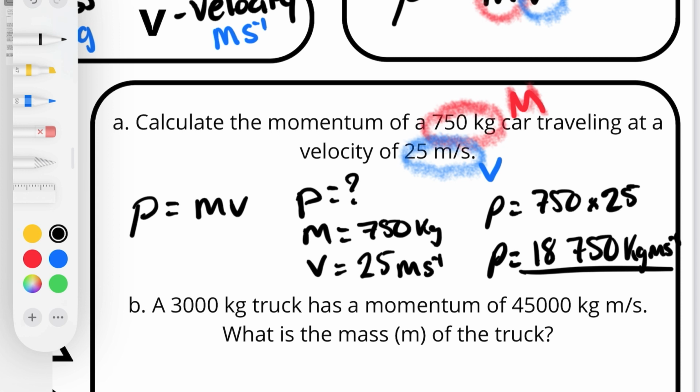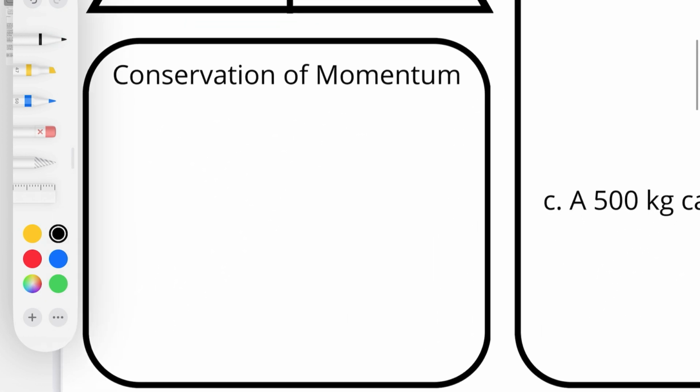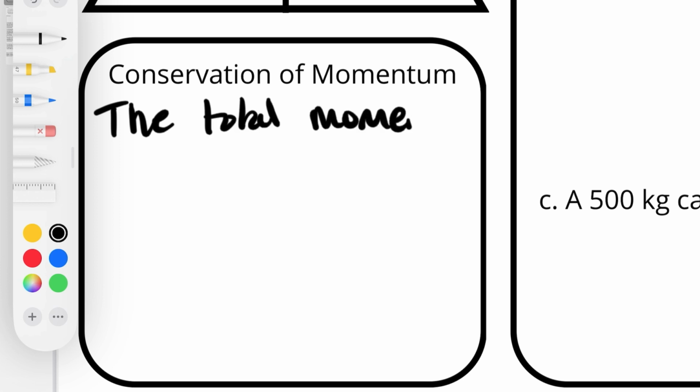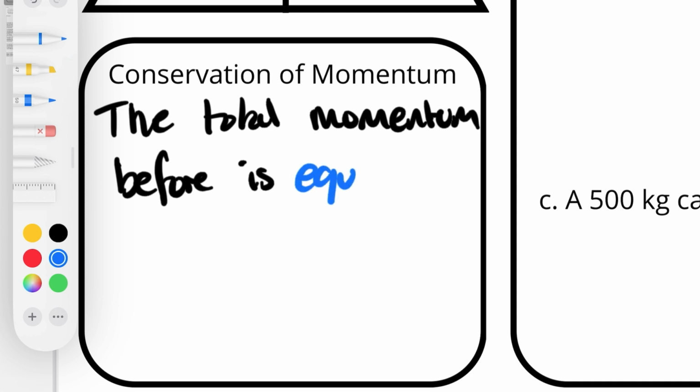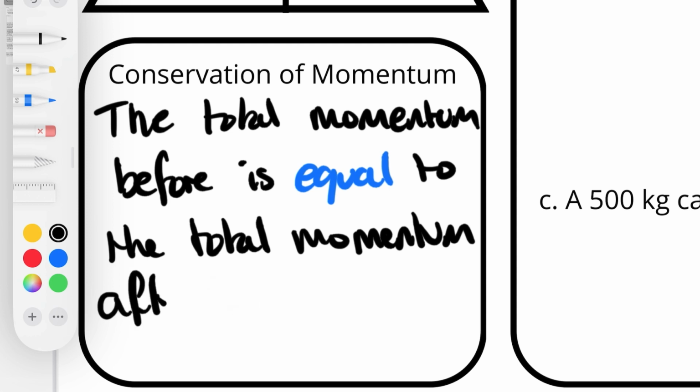Now that we've had a go at calculating momentum, let's move on to a really important concept, which is the conservation of momentum. Now this is super simple to understand. The total momentum before is equal to the total momentum after.